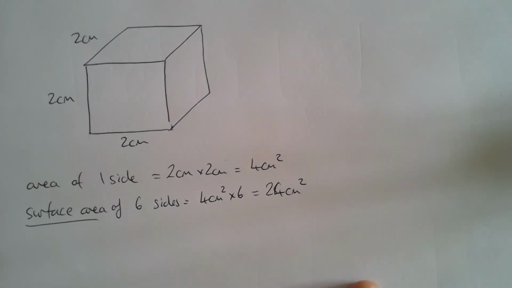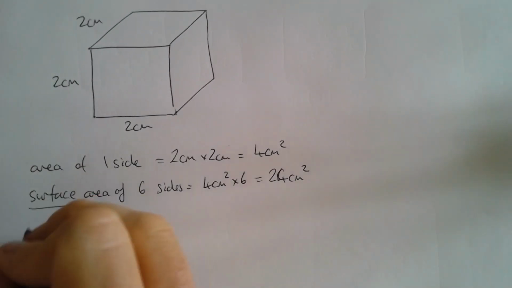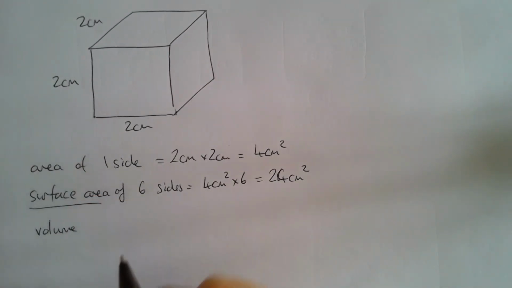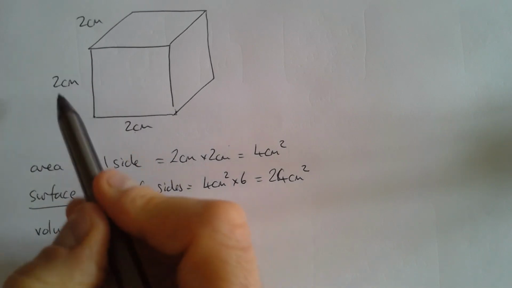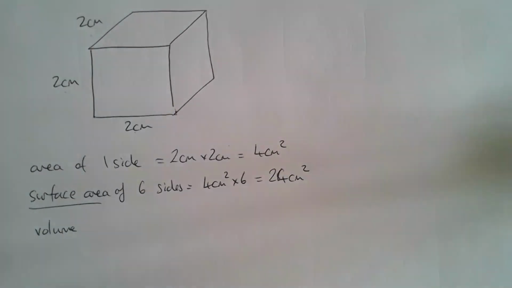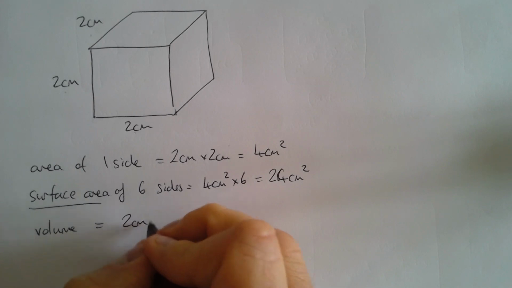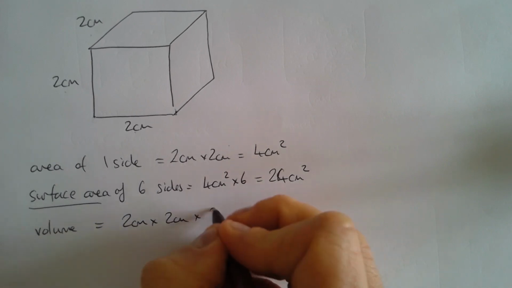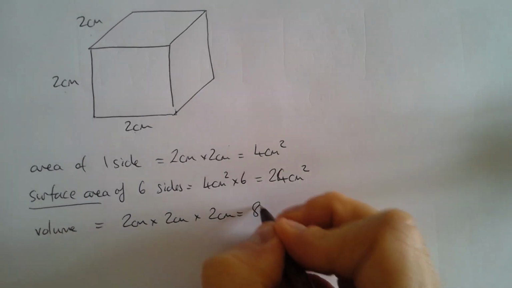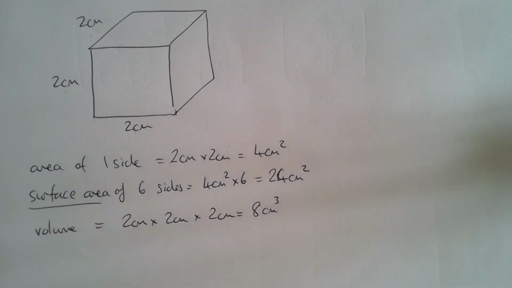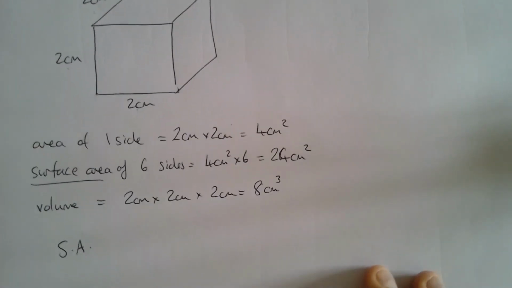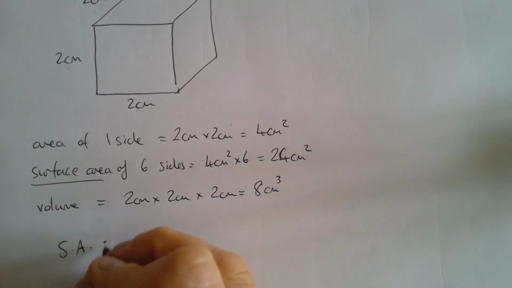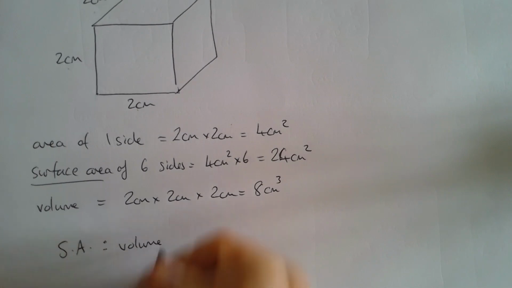We now need to work out the volume. The volume of a cube is going to be 2 multiplied by 2 multiplied by 2, cubic centimeters. So we then want to work out the surface area, which I'm abbreviating to S.A., to volume ratio.